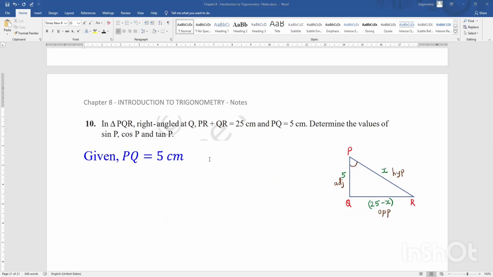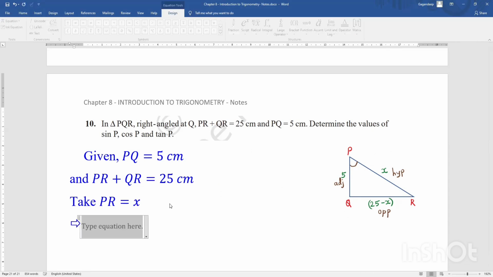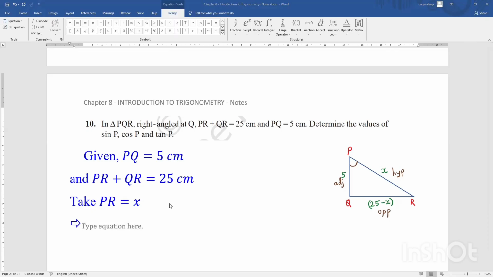And PR plus QR equals 25 centimeter. So we take PR as X. Okay. So that means, this means that, so now I get X plus QR equals 25.